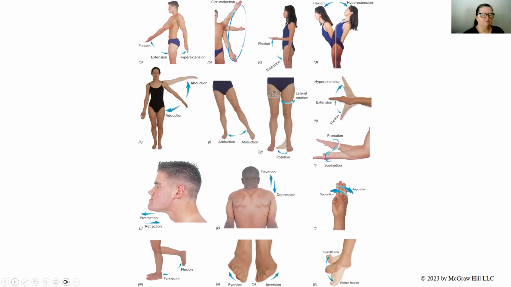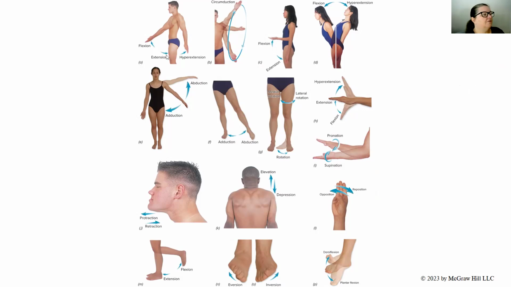Here's a lot of the movements that we talk about that have medical terms for them. So I will just run through them fairly quickly. So you have flexion, which is taking something up, flexing. Extension is actually extending out. And then if you extend too far in one direction, it is called hyperextension.